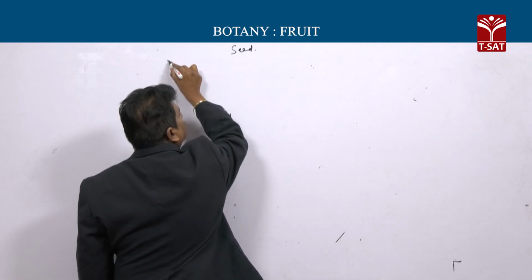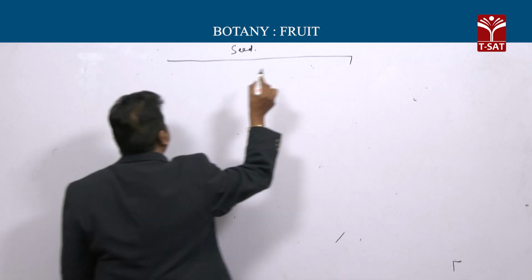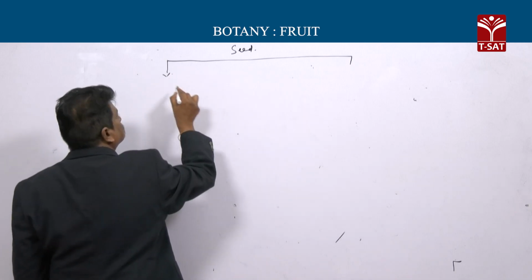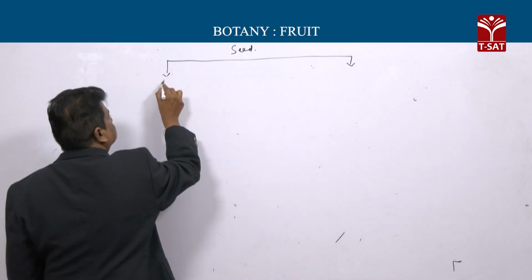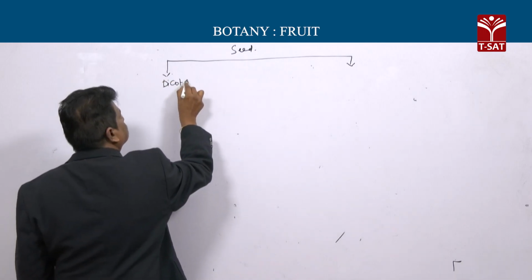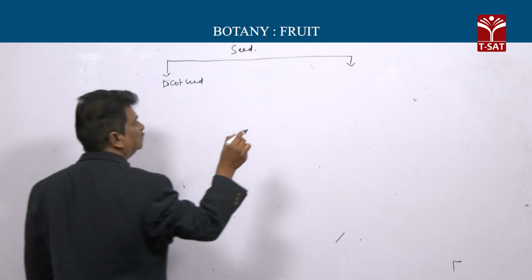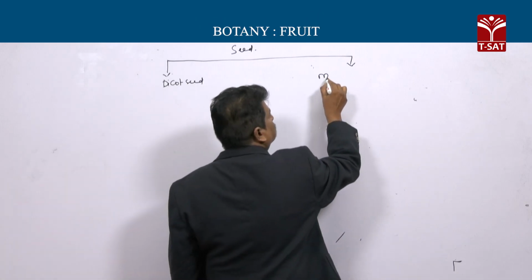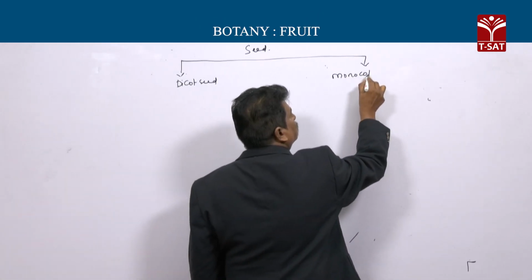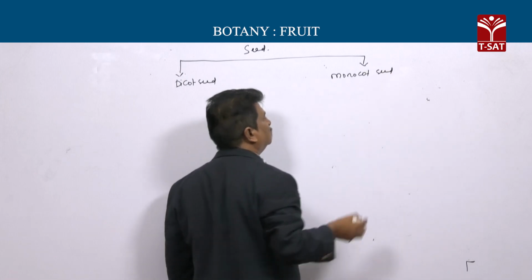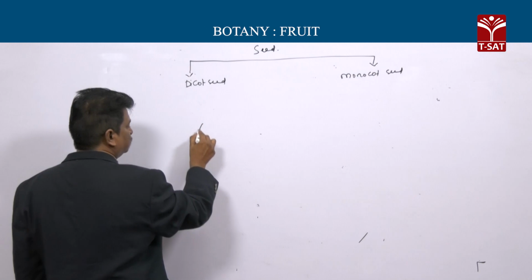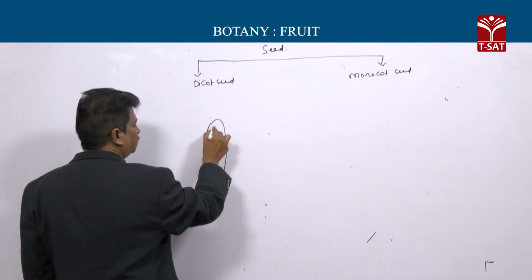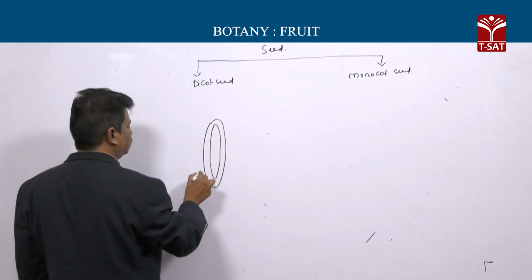So now, the structure of seed, either dicot seed or monocot seed. Here, the seed contains seed coats.